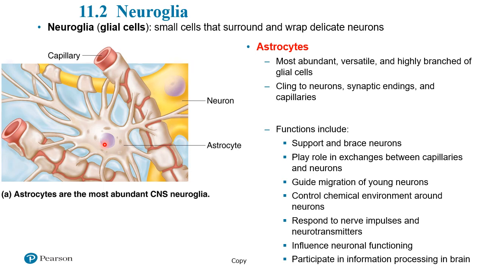So they are going to be surrounding the neurons, and they are going to be surrounding those blood vessels. So they're going to support the neurons, and they play a very important role in exchange between what's in the capillaries and what goes to the neurons.